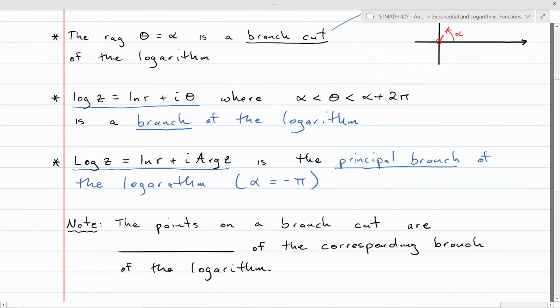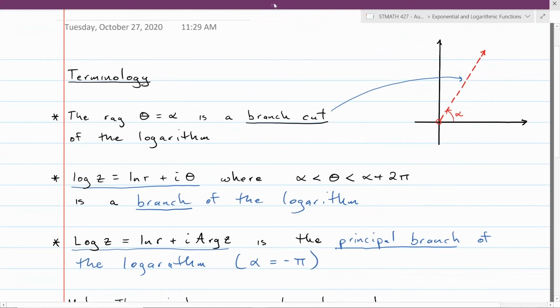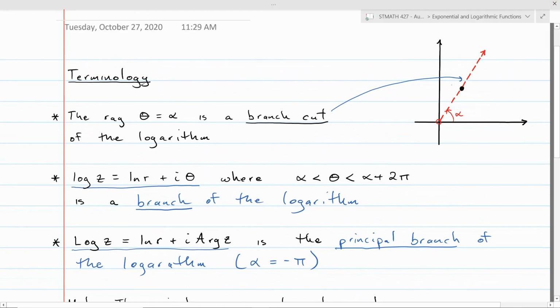And I want to make a little statement. If you look at points that are on the branch cut, like take a z that's right there on the branch cut, like all around that dotted line, the function's well defined. So if you take an open disk around it, you have nearby points on either side where the function is differentiable. In other words, if I took a point over here really close to z, I could find a disk around it, and on that entire disk, the function would be differentiable, the derivative being 1 over z.